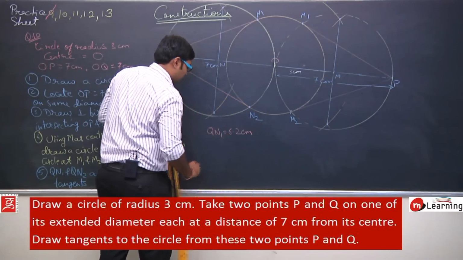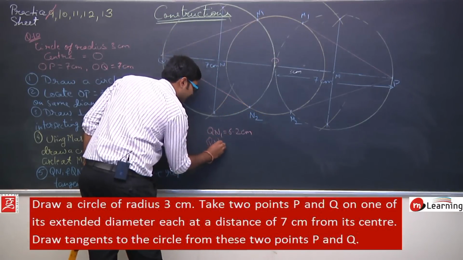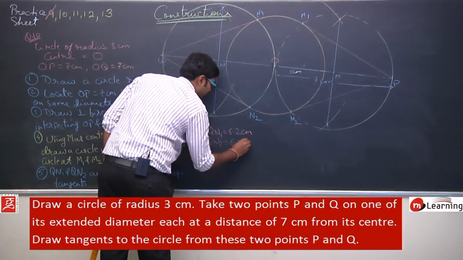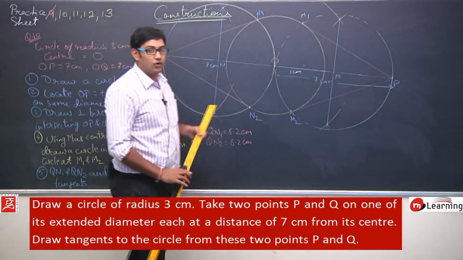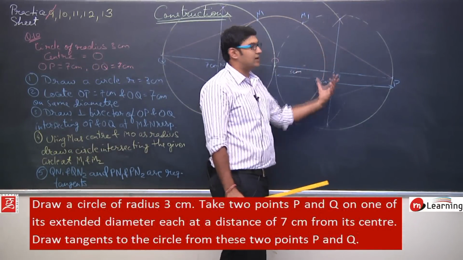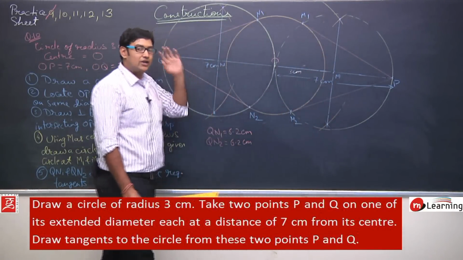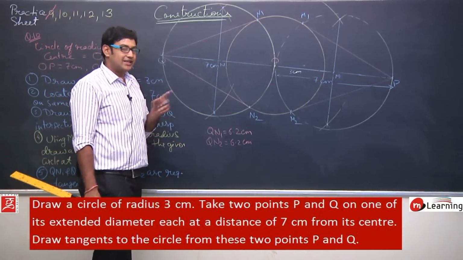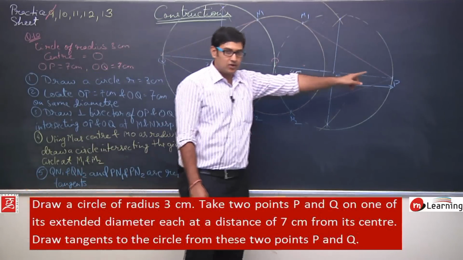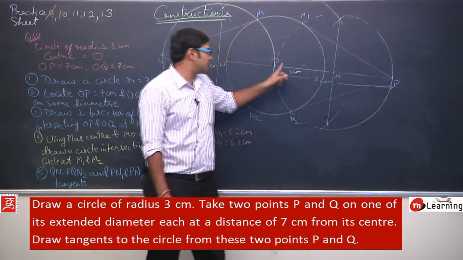QN2 is also 6.2 centimeters. Now just try to predict what should be the length of PM1 and PM2. Try to recall the theorem of circles that you have studied. See, point Q and point P both are equidistant from this center.